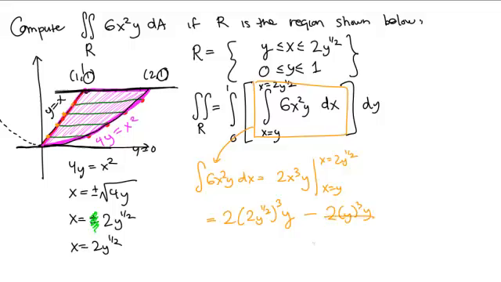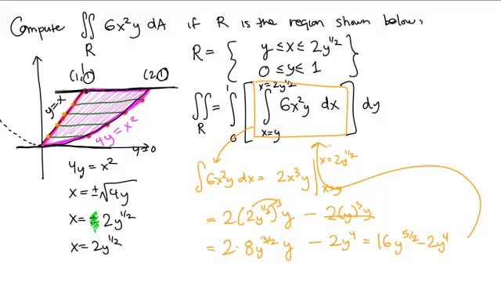Now the second expression is easy to simplify. That's 2y to the 4th. On the other hand, the first is equal to 2 times, we can put the power on both of these since it's multiplication, so we're going to have 2 times 8y to the 3/2 times y, which can be cleaned up as 16y to the 5/2 minus 2y to the 4th. And so that's our inside integral.